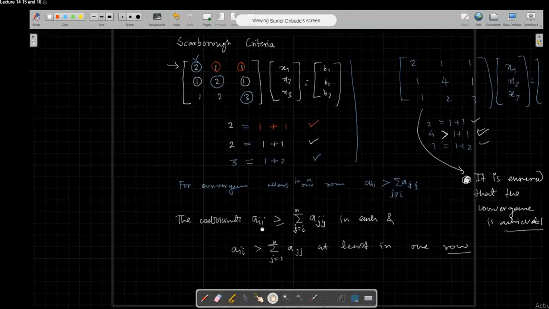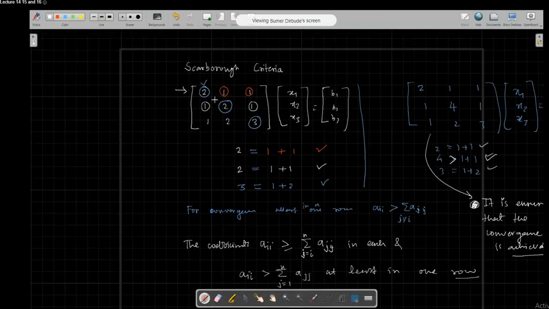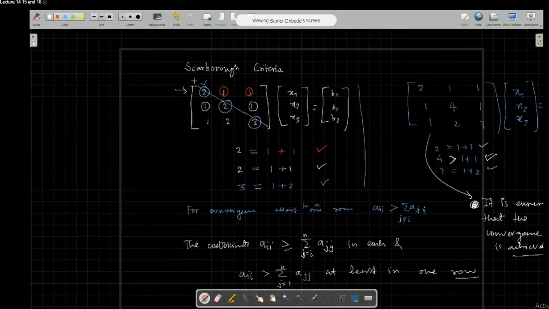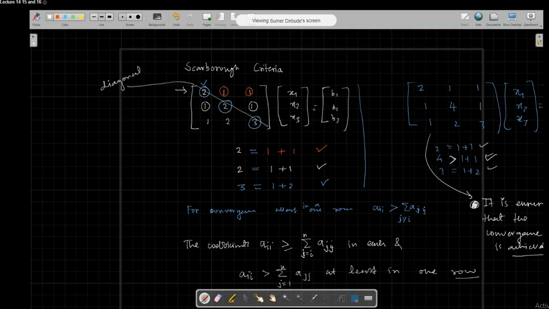These are called diagonal entries or elements.